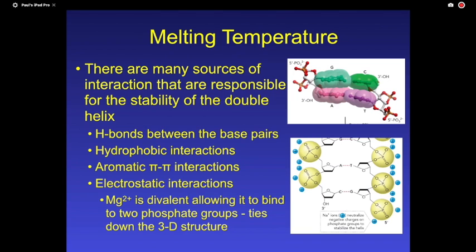This is why magnesium is in the mix. Magnesium is bridging the phosphodiester groups, and that creates electrostatic interactions or salt bridges that hold the structure together. If we unravel the DNA, we have to displace that phosphate-magnesium bond that holds it in its structure, and so there are multiple energies that hold the DNA structure together.